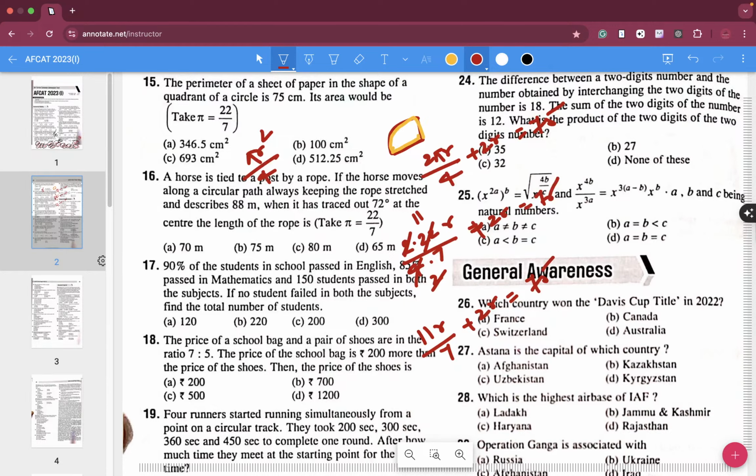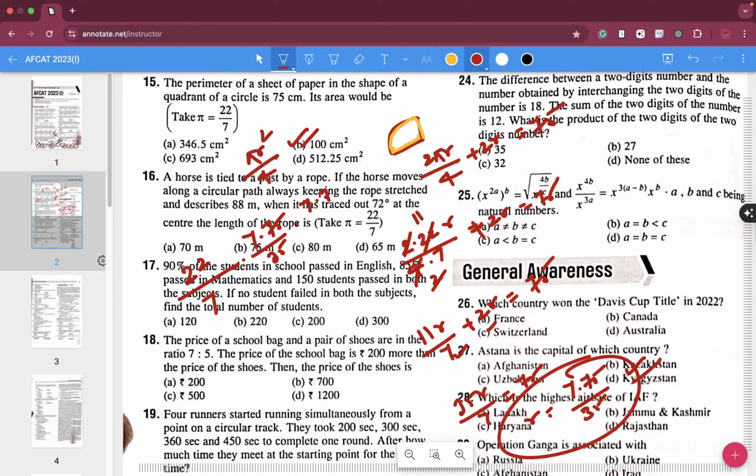So 7 into 2 is 14, 14r plus 11r, 14 plus 10 is 24 plus 1, 35. 35r by 7 is equal to 75, which means r is equal to 7 into 75 by 35. Now we have to find out pi into r square. R square is 7 into 75 by 35 into 7 into 75 by 35, divided by 4.